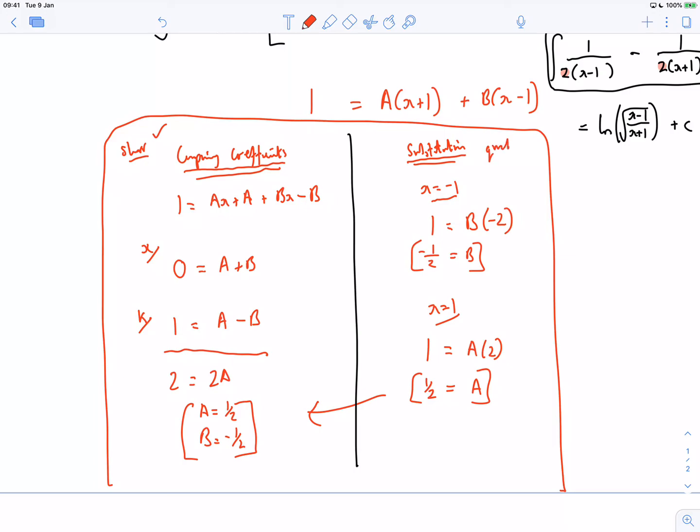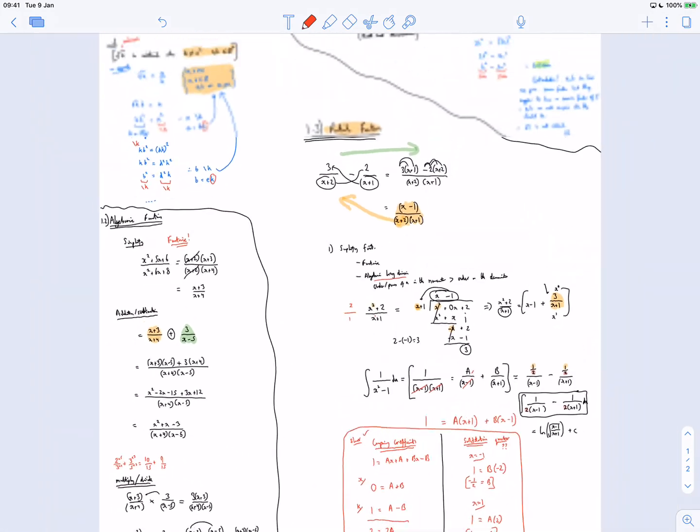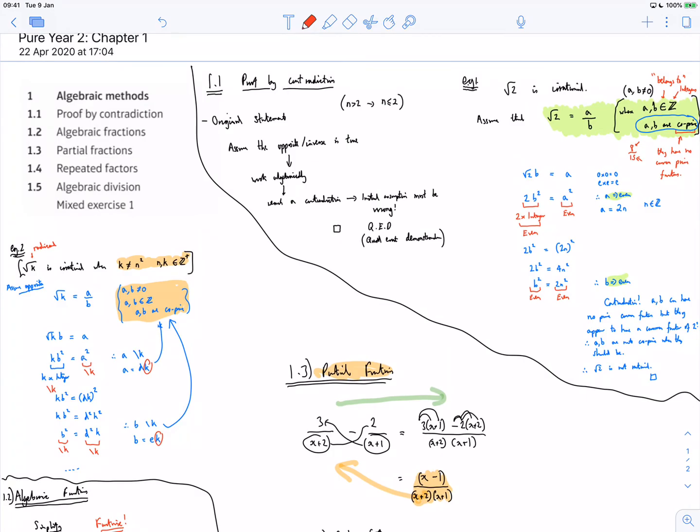Substitution is quicker, but it doesn't always work. It will work up until a point. There'll be a bit where you can't spot a substitution that will eliminate for one particular unknown. So my advice is to be flexible between the two.